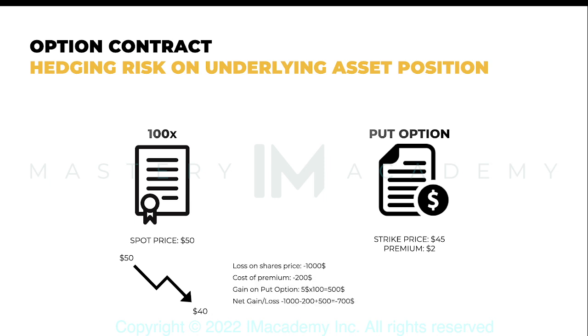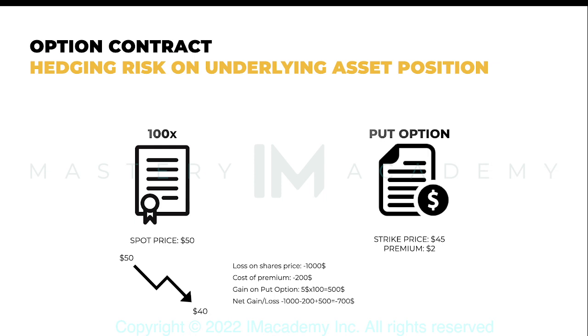Let's calculate it. Gain or loss on shares in this case is $1,000. Why? Because it was $50 and it falls to $40, so it's a $10 difference, and a $10 difference on 100 shares is $1,000.